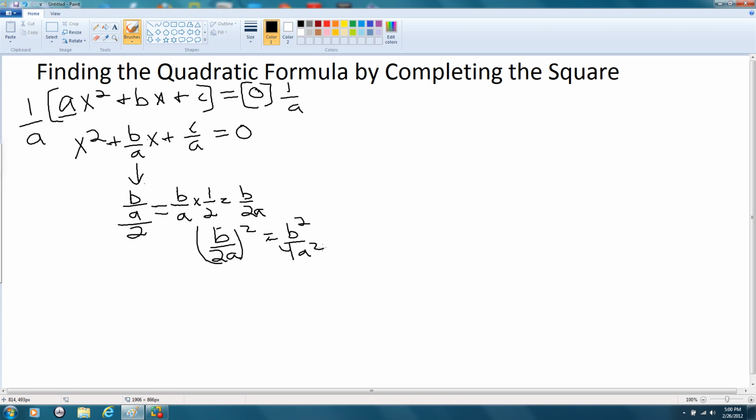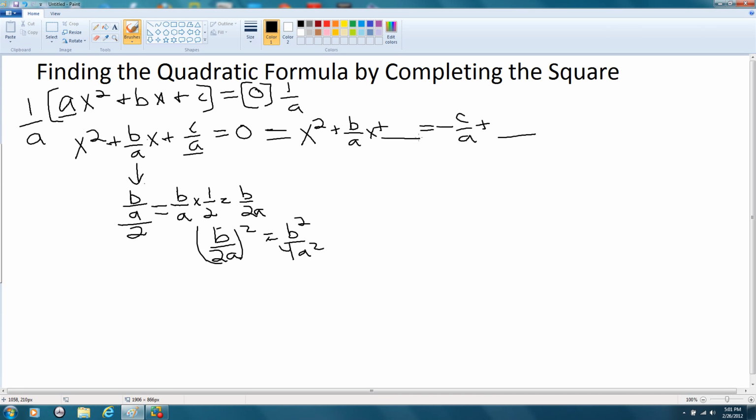I'm going to move this over here. Remember what we needed to do: we have the x squared plus b over a x, and then we subtract c over a from both sides because we want it over here. And then we're going to add some term to both sides. What we're going to add is this b squared over 4a squared.